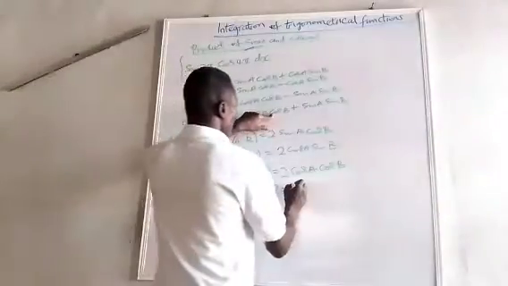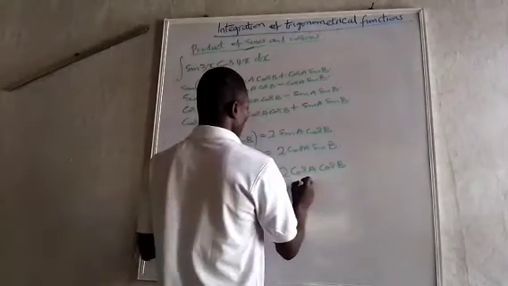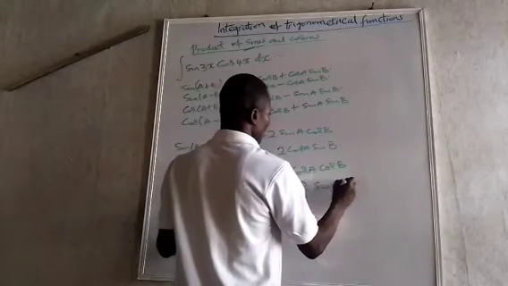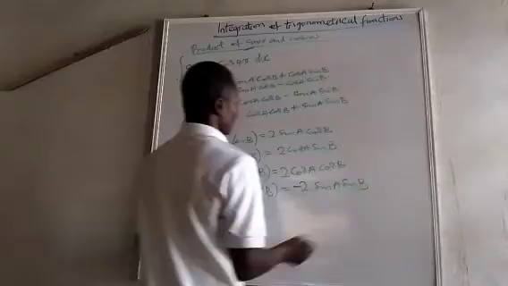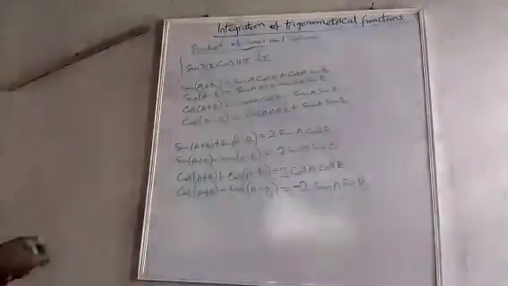You see, minus 2 sine A sine B. So, what does this imply?